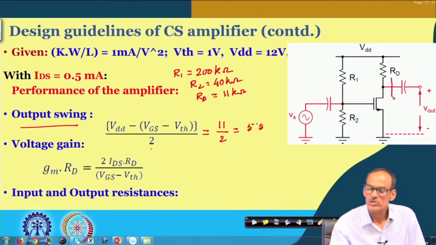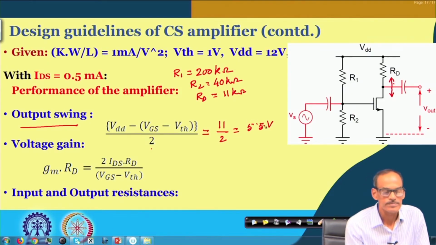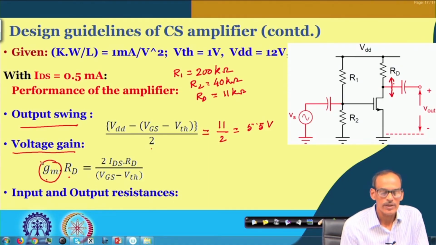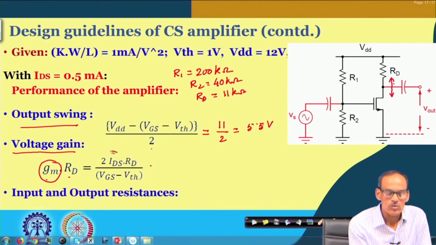The possible swing here is actually plus minus 5.5 volt, right. And the corresponding gain what we can get is G M into R D. In fact, we can write the expression of the G M in terms of I D S and V G S minus V T H, which is given here.